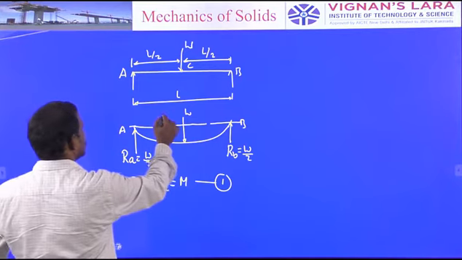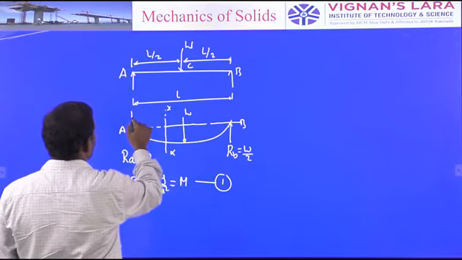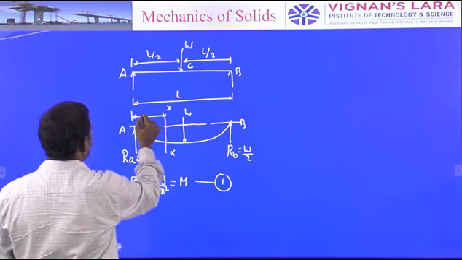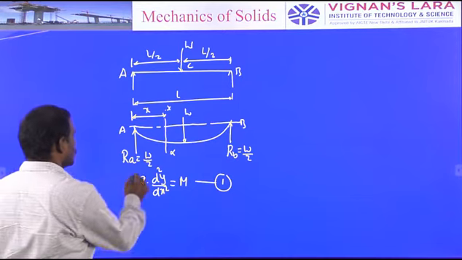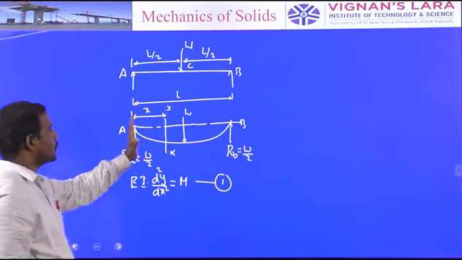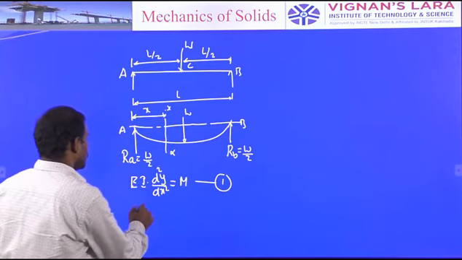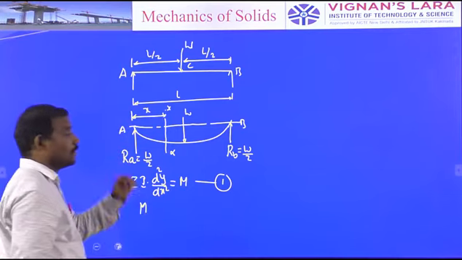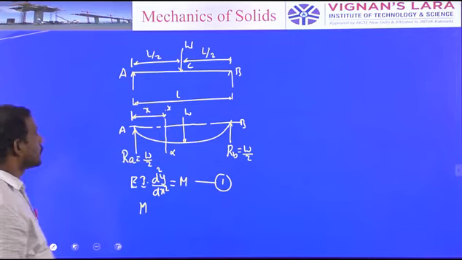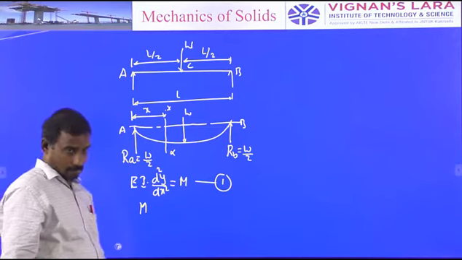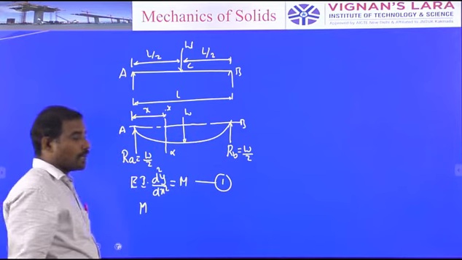Let us consider section XX at a distance x from the end A. What about the bending moment equation? If you consider the portion or the force left of the section, upward is taken as positive. This produces a sagging moment.